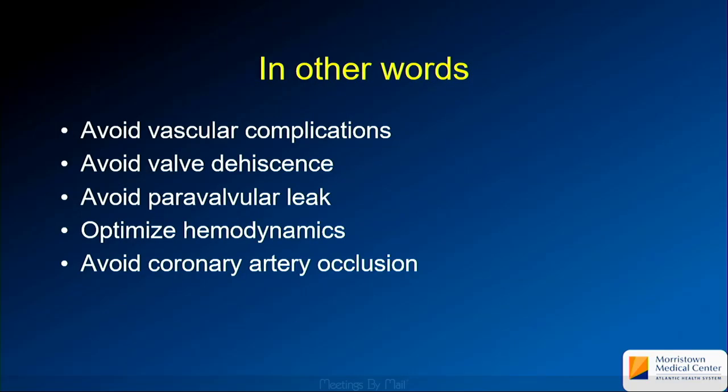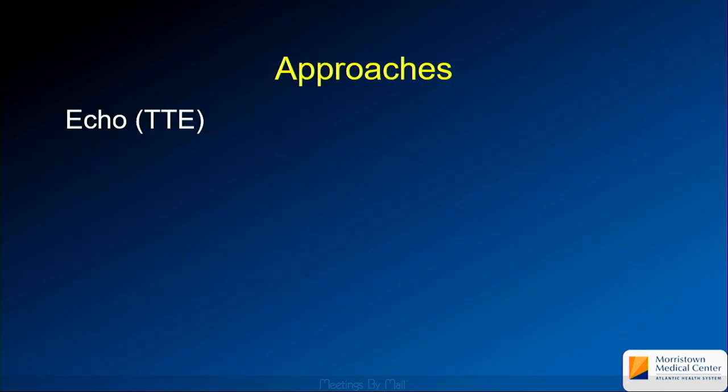So in other words, we want to help in avoiding vascular complications, avoiding valve dehiscence, avoiding paravalvular leaks, optimizing the hemodynamics, and avoiding coronary artery occlusion. So what are the approaches? Way back in the day, we did all the sizing, et cetera, using transthoracic echocardiography. And we learned very quickly that that was not the best way to do it.